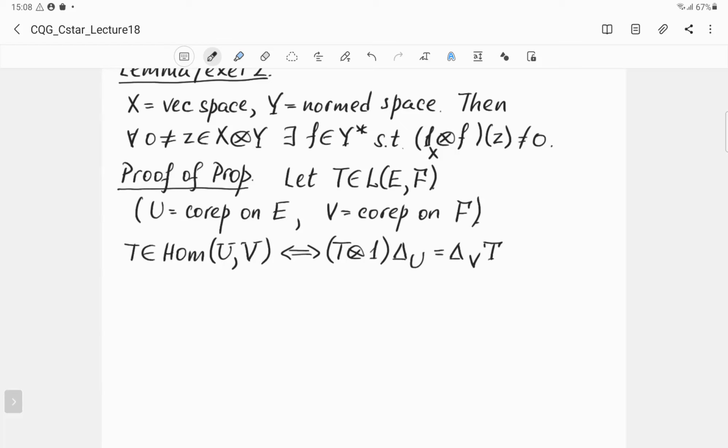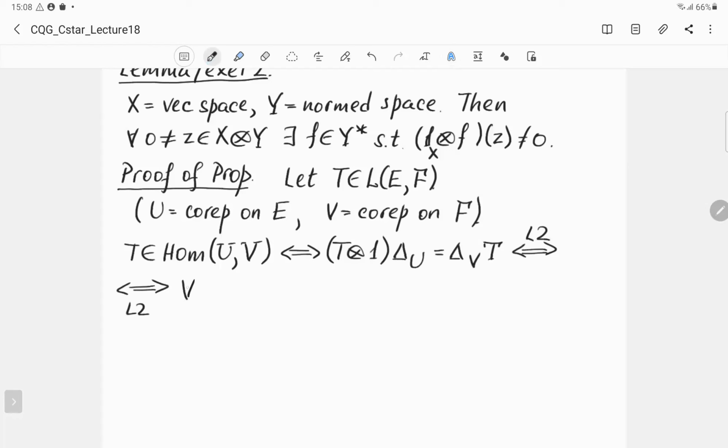Okay, so now both sides of this formula are maps with values in the tensor product of F and A, and we can now apply lemma 2 to the tensor product of F and A. Such slice maps separate the points of the tensor product, and so this is equivalent to the following.